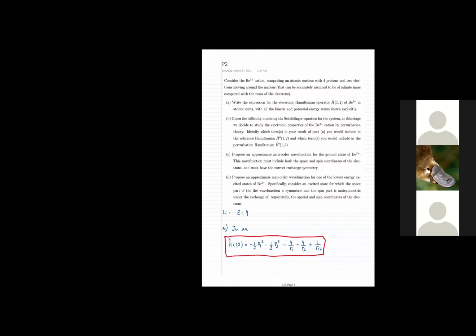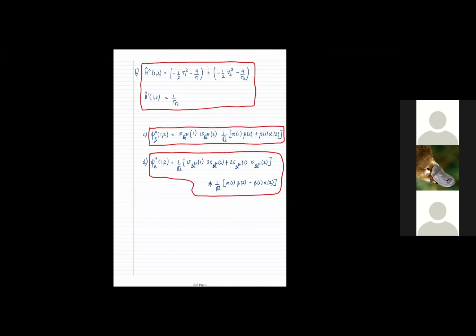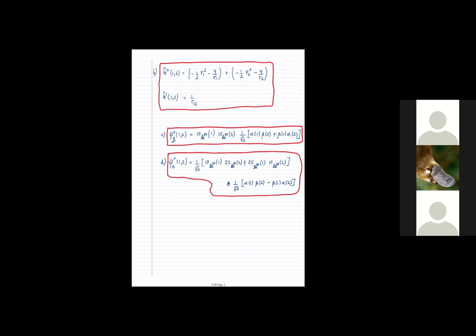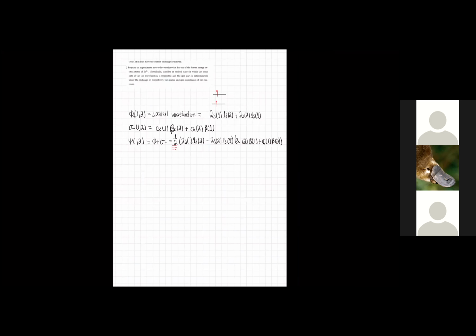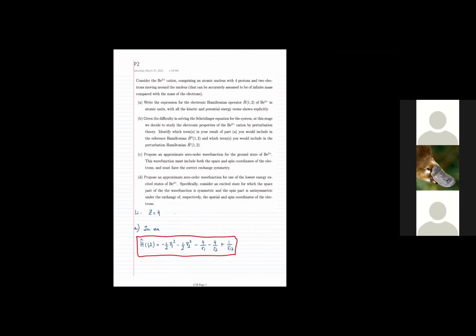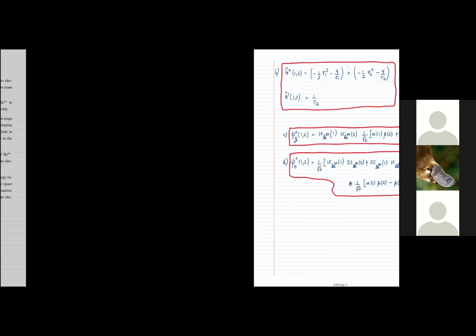Zero order plus spin. Let me see how he solves it first. He just writes it. Why does he just write it? Okay, I think he based it on your notes. So I'll just show you the answer for this.